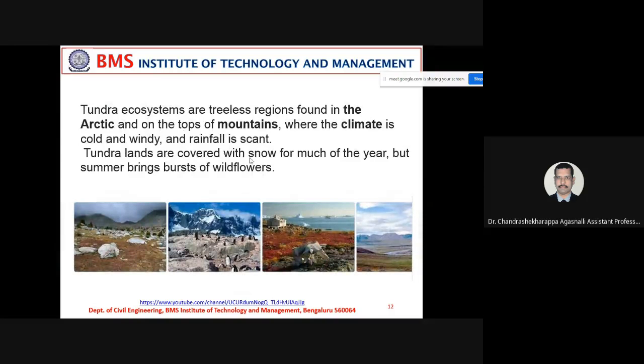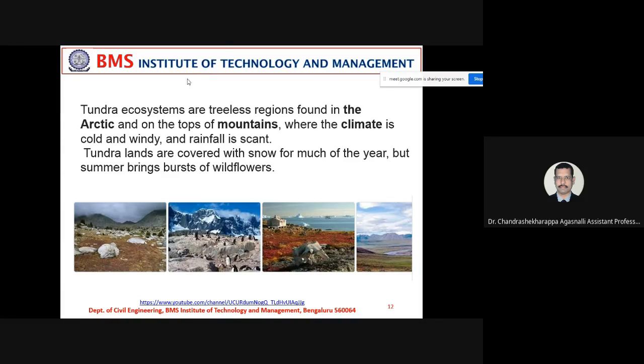And as I told you, there are tundra ecosystems. What is this actually? It's totally different, not a typical one. It is a treeless region where there are no trees, or maybe very few. It is not like a forest, because of the high cold, very cold regions.